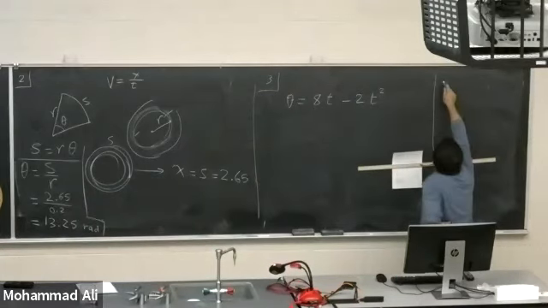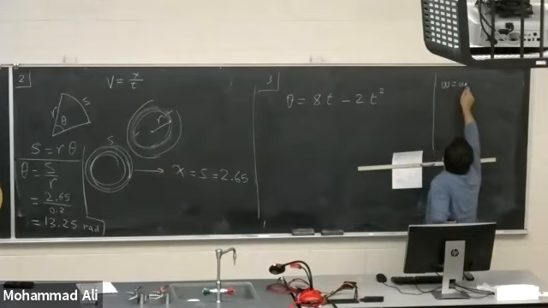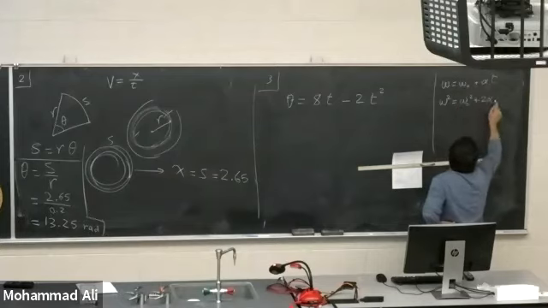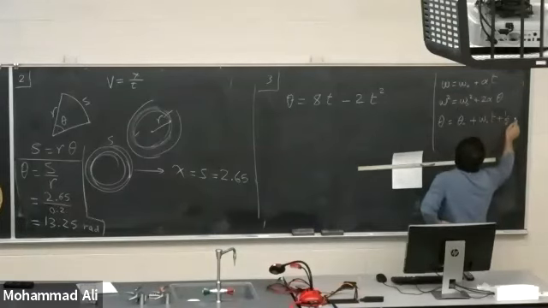We have omega is equal to omega naught plus alpha t. Omega squared is equal to omega naught squared plus 2 alpha theta. Theta is equal to theta naught plus omega naught t plus half alpha t squared.